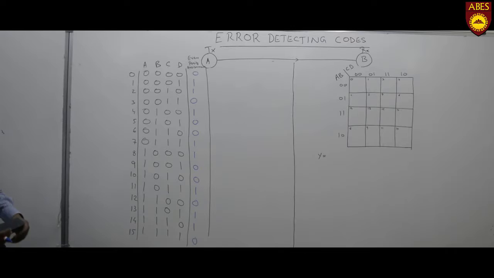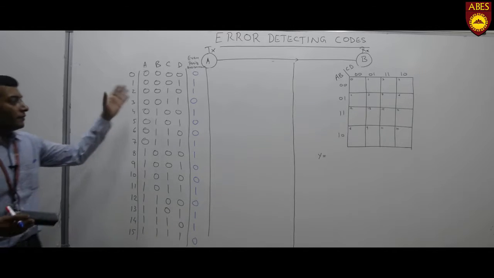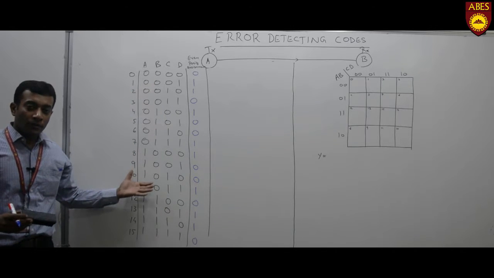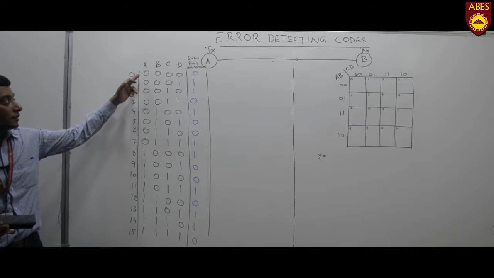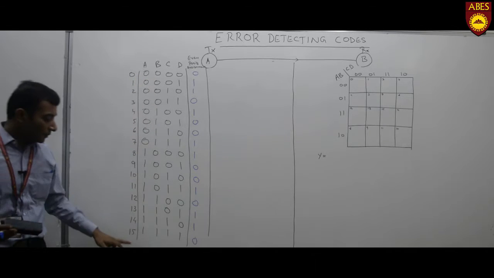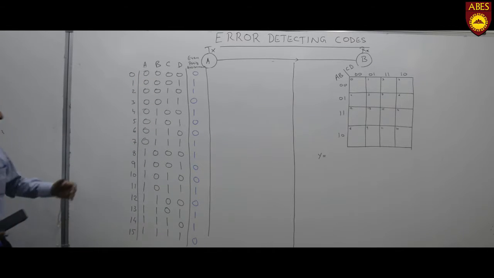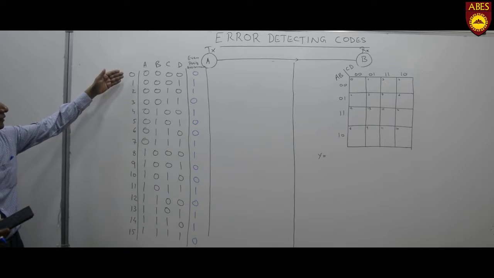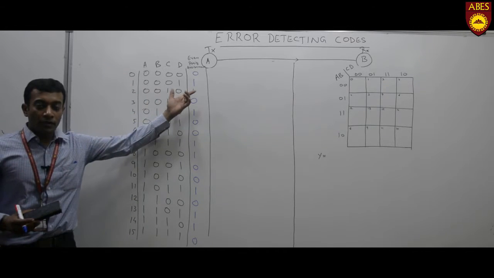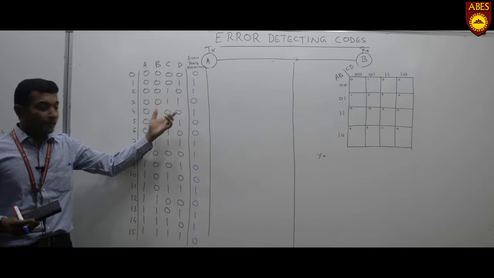So here what we have done is taken all the combinations starting from 0000 up till 1111, and we are assigning the values for every parity.